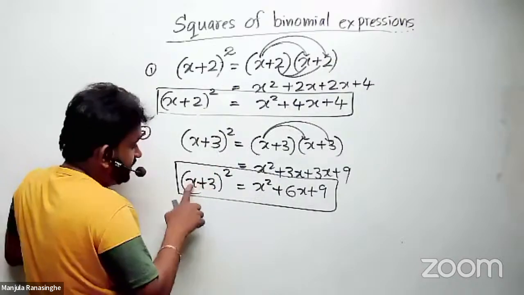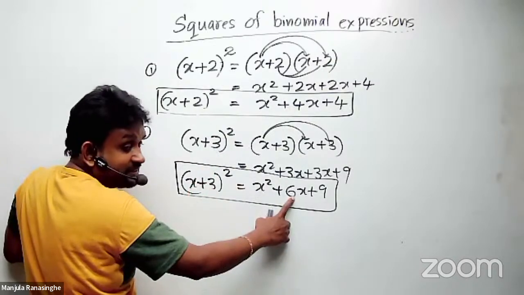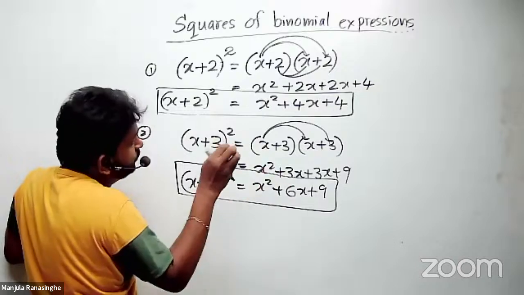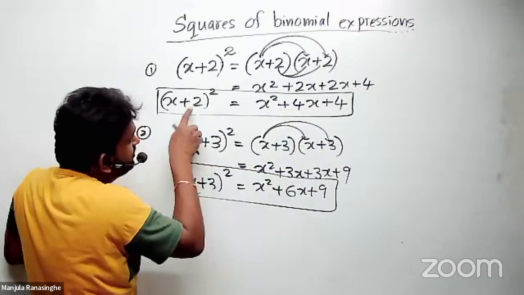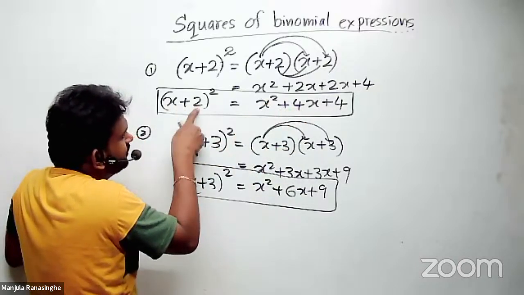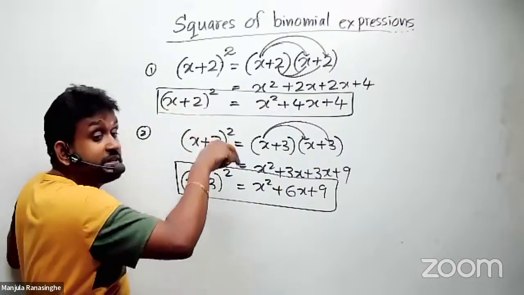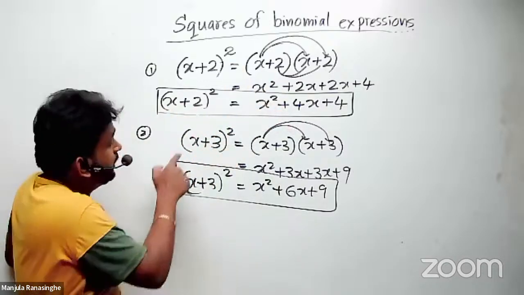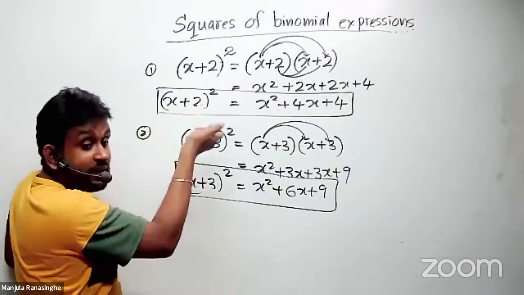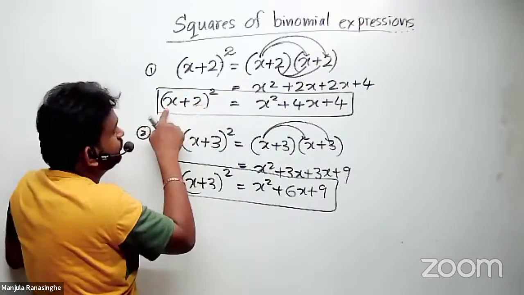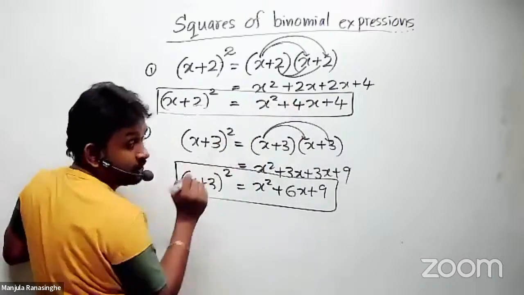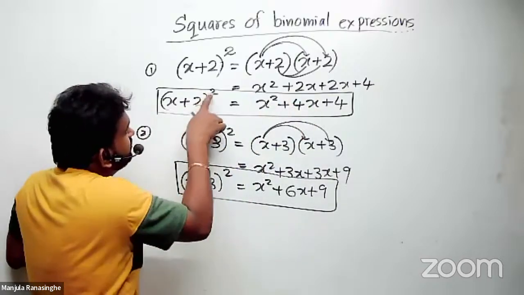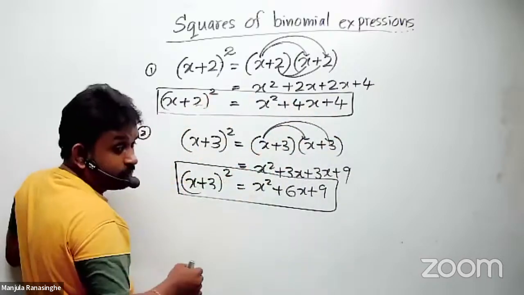When we multiply 3 into x, 3x, but here 6x is there. The middle term is the product of these two terms into 2, twice the product. So 2x becomes 4x. That's why. And 2 squared is the last term, that is 4.